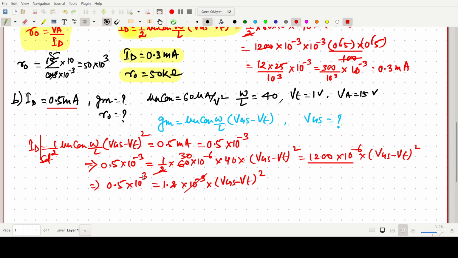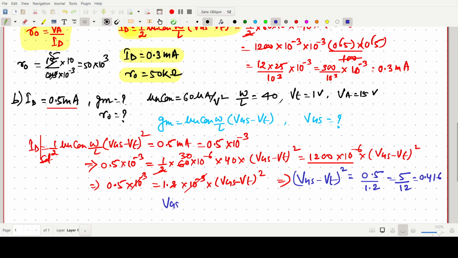So this and this will cancel out. So VGS minus VT whole square is simply 0.5 by 1.2, or we can write 5 by 12, or 0.416.